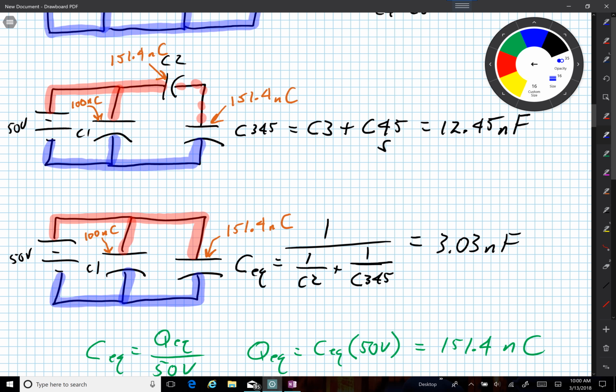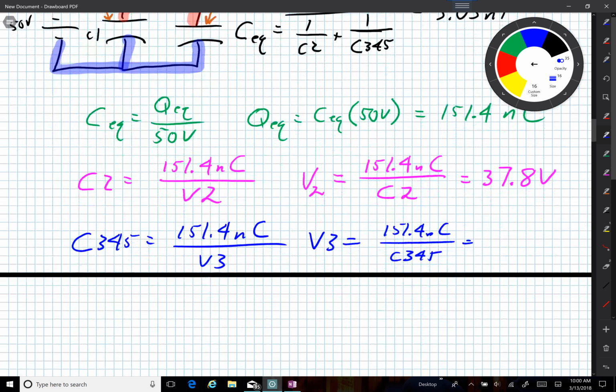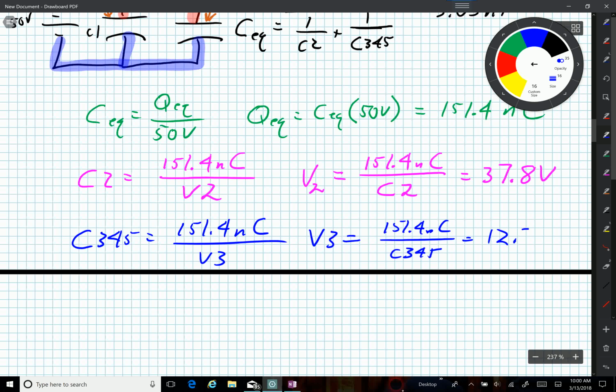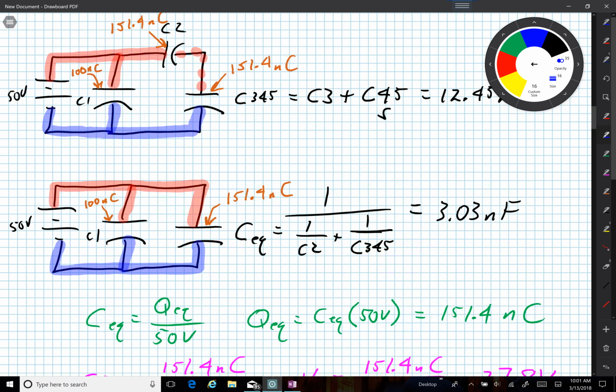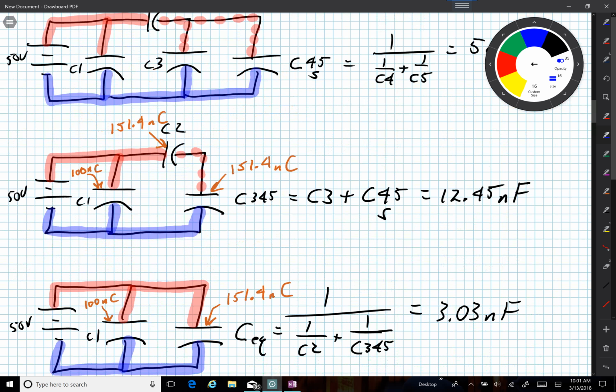That's 12.2 volts. So we already knew that, but this is just confirming that both methods get you there. Kirchhoff's voltage law will get you the same result as actually calculating out the capacitance equation. Okay, now we have information from this equivalent diagram.